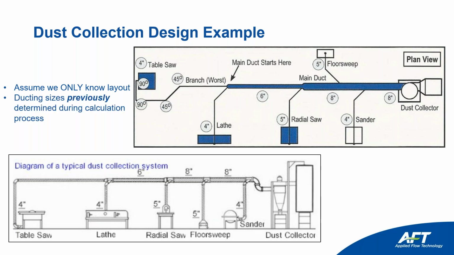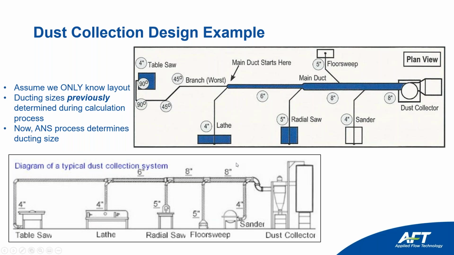So the previous ducting sizes that it generates here, these are sizes that are based upon the rules of thumb that the resource outlines, which I'm going to show you here in just a second. So those are assumed sizes that were calculated during the rule of thumb guideline sizing process. Very rudimentary.